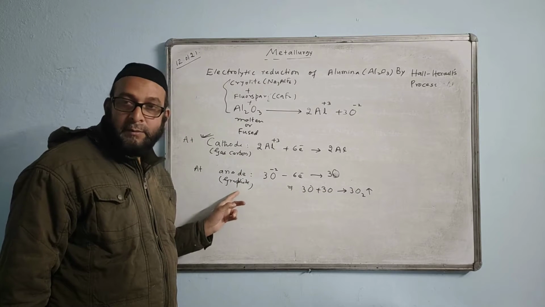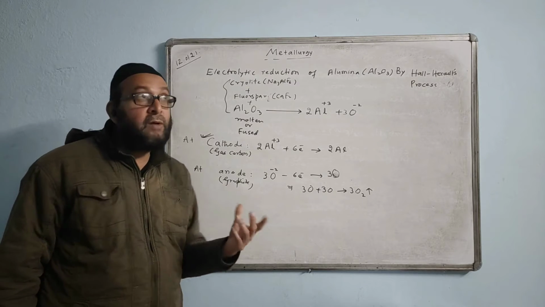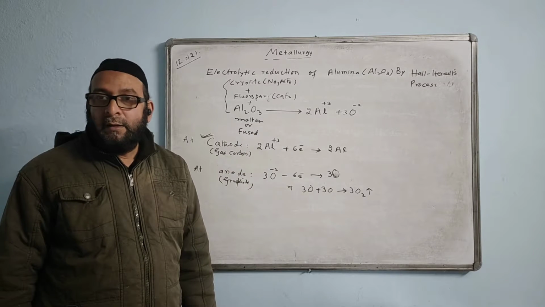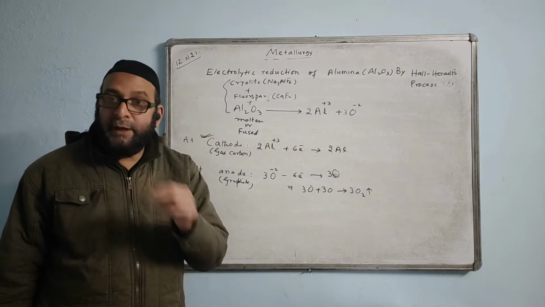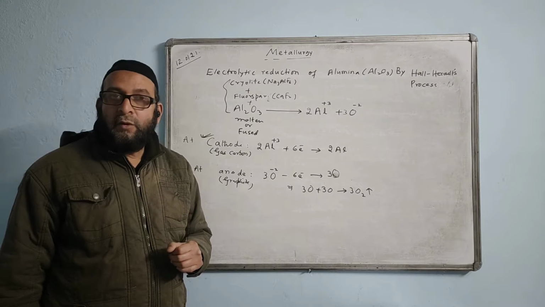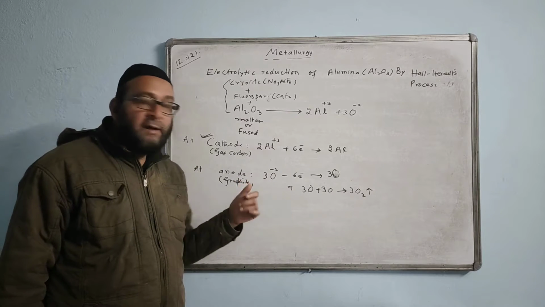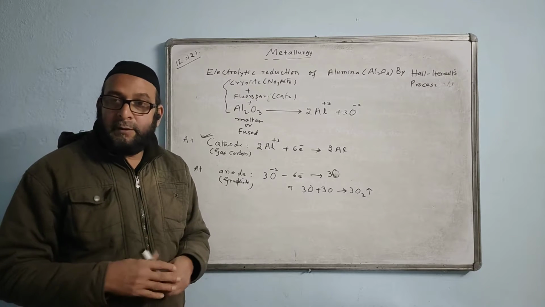Graphite is carbon and will oxidize it. It will change this into carbon dioxide. That means you can say that the graphite anode will start burning with this oxygen. So your graphite anodes, which are positively charged, will get burnt.